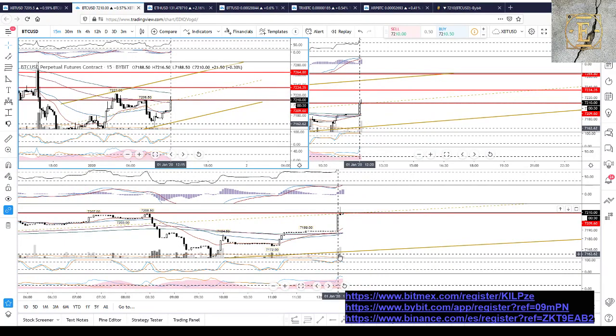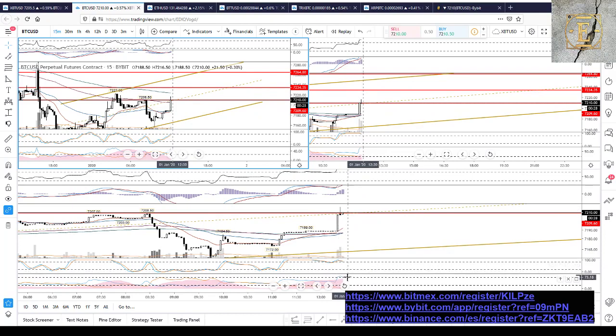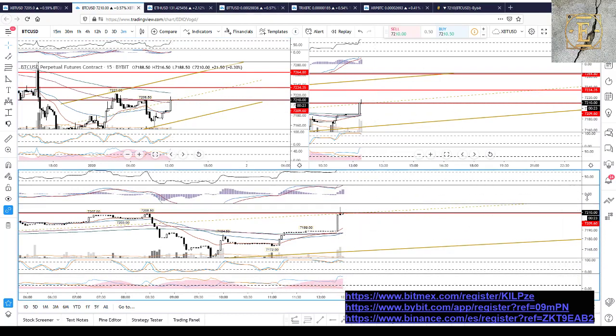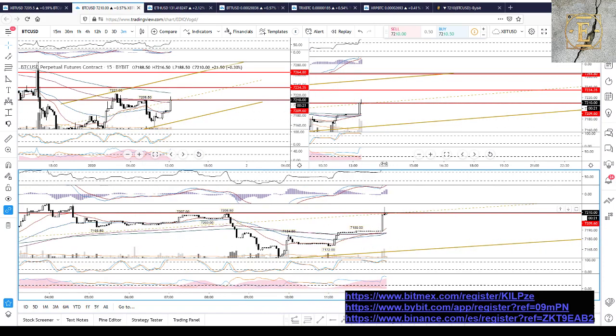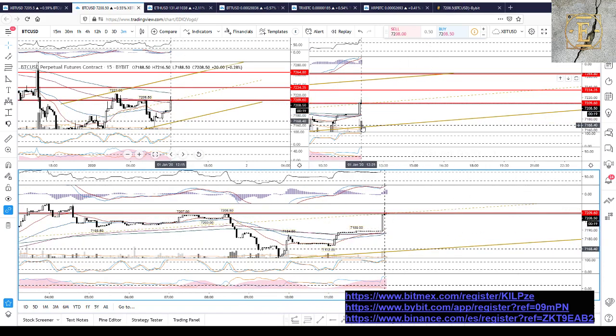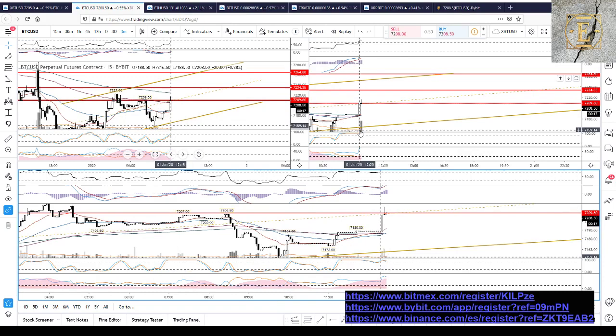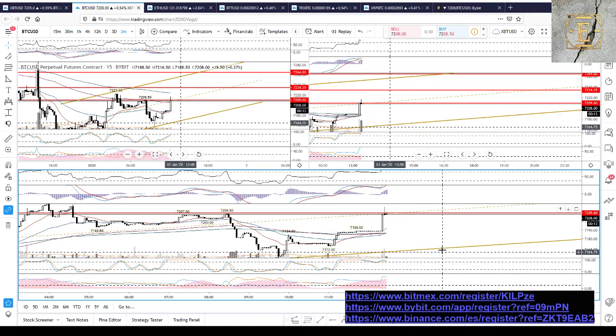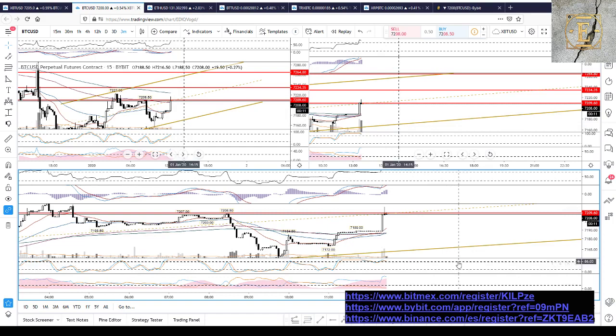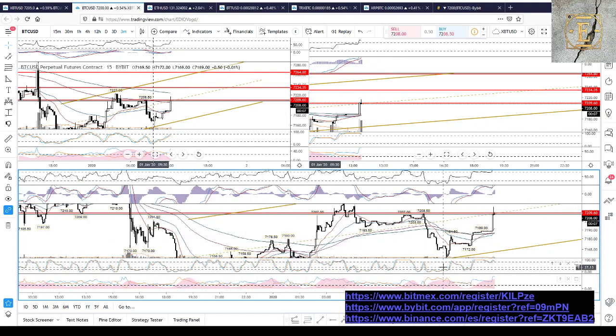So now bears are taking control. I know this is still going up. This is the retracement. So this candle finally switched to a black one, and it's driving the price down. So patient. This is the key.